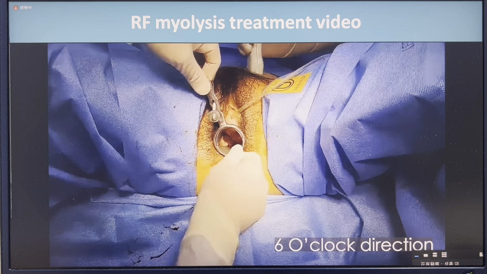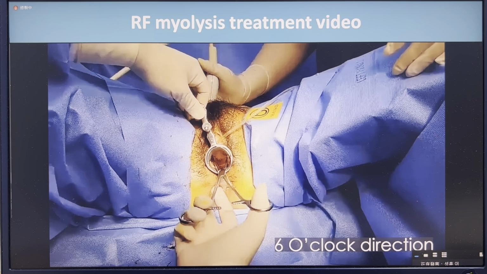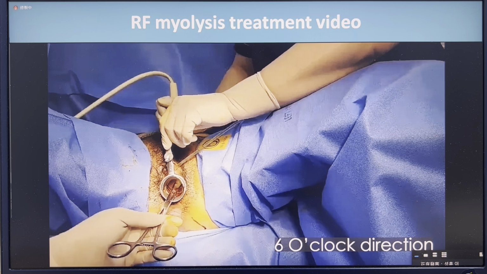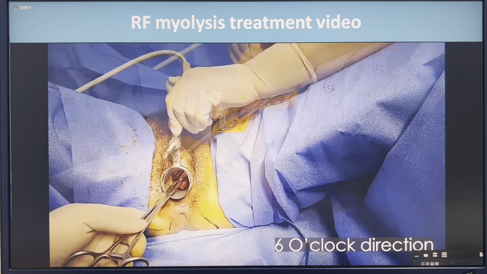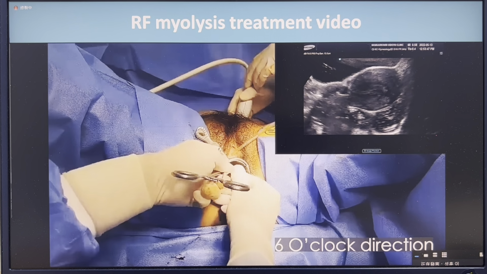Okay, insert the speculum and grab the cervix with the tenaculum and secure the passage with sounding. And insert coaxial needle into the target area.